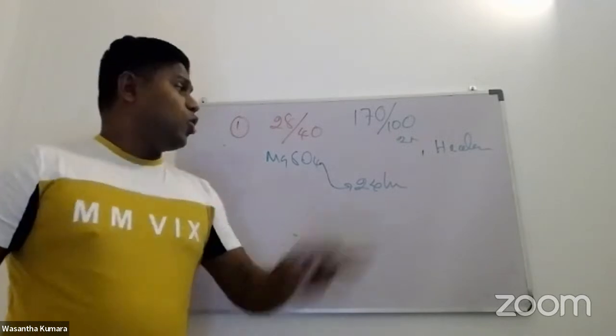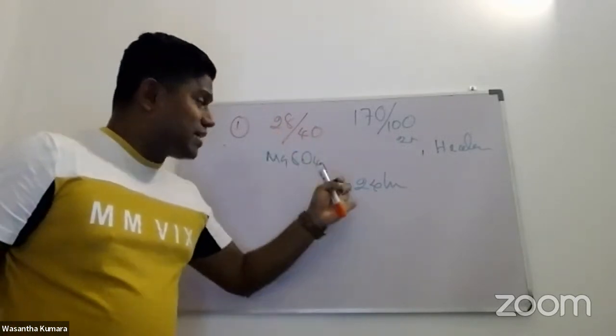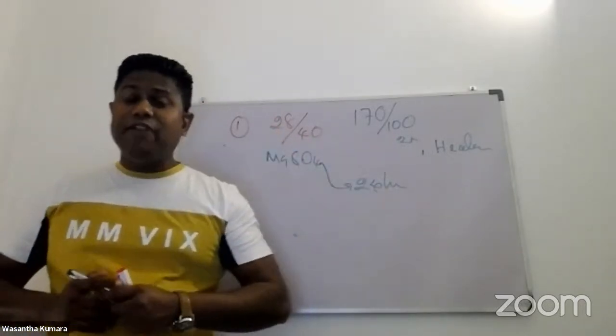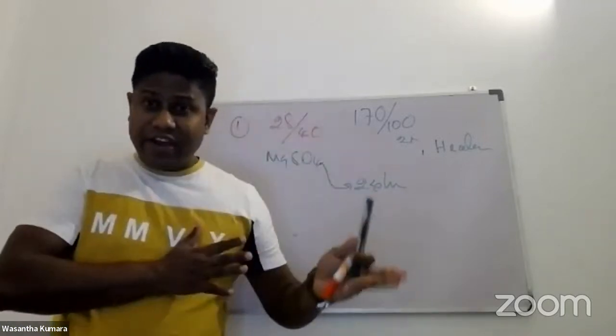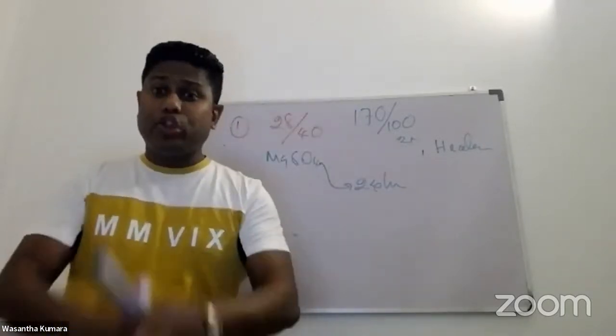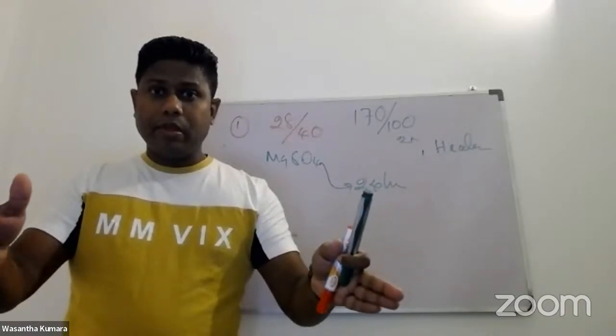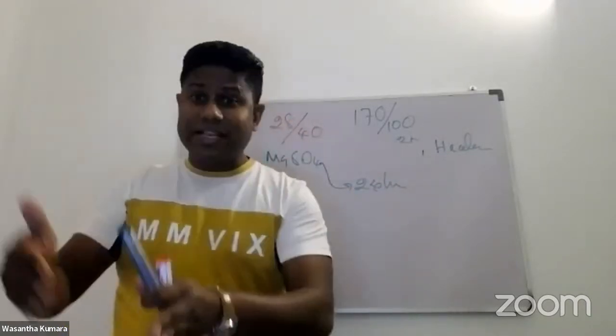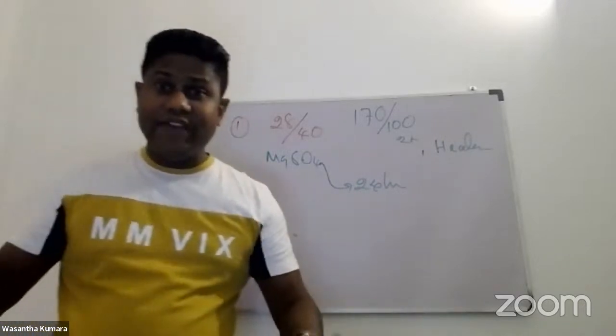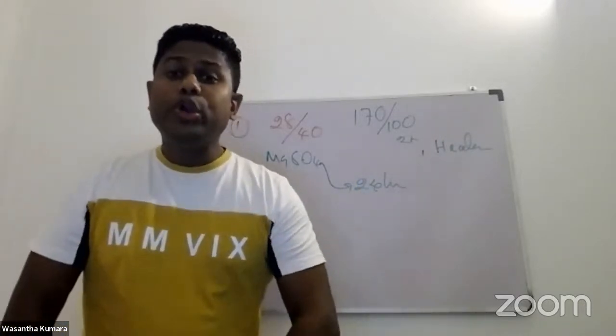With regard to sulfate, you start sulfate before delivery. You have to continue sulfate throughout the delivery, and you have to continue sulfate even after the delivery, at least up to about 24 hours.